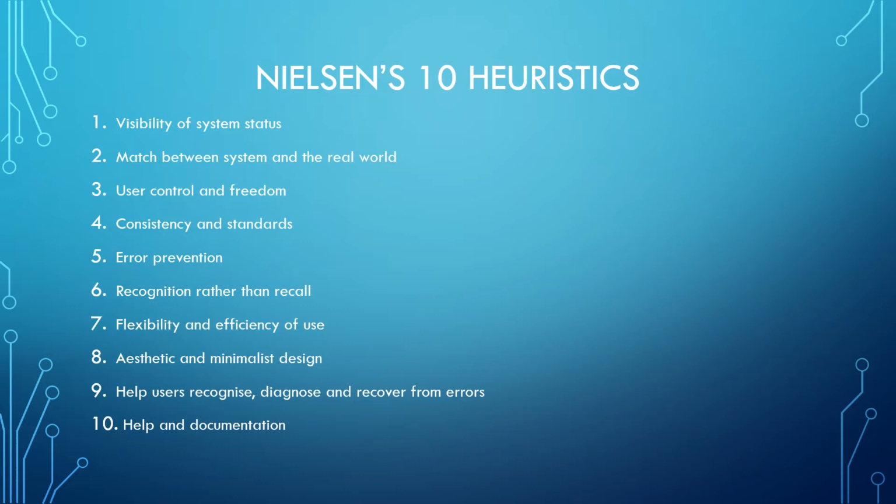These heuristics are: number 1, visibility of system status; 2, match between system and the real world; 3, user control and freedom; 4, consistency and standards; 5, error prevention; 6, recognition rather than recall; 7, flexibility and efficiency of use; 8, aesthetics and minimalist design; 9, help users recognize, diagnose, and recover from errors; 10, help and documentation.